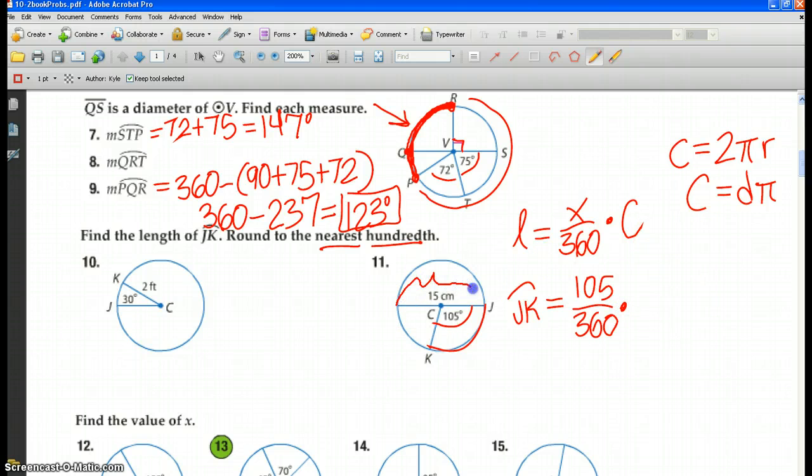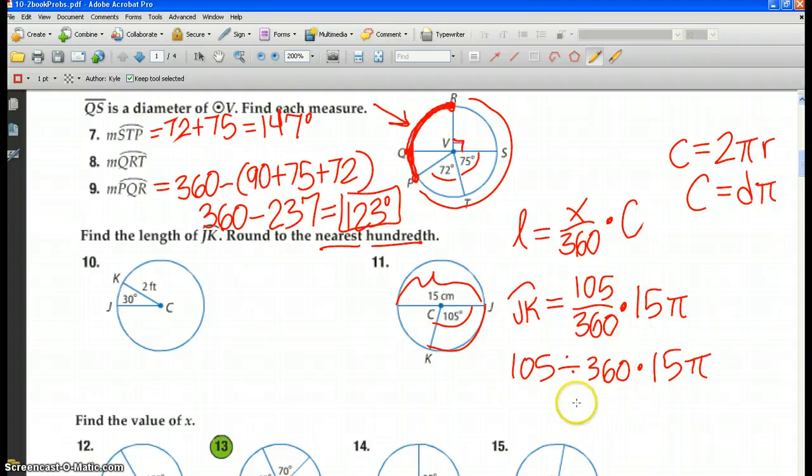Since we're given the diameter, I'm just going to take, for circumference, diameter times pi. And we would just type this into our calculator as 105 divided by 360 times 15 pi. Now, to the nearest hundredth, we would get 13.74 centimeters.